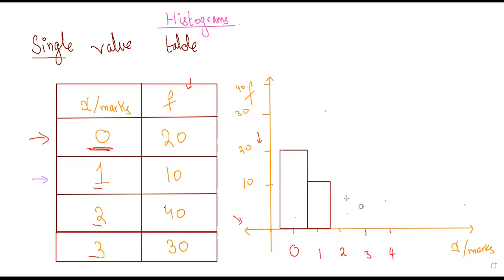For 2, it is 40. The thickness and everything of the bars should be same. Obviously, it could be that my bar is not that perfect because I'm not making it on a grid, but you get the point. And for 3, it should be 30.